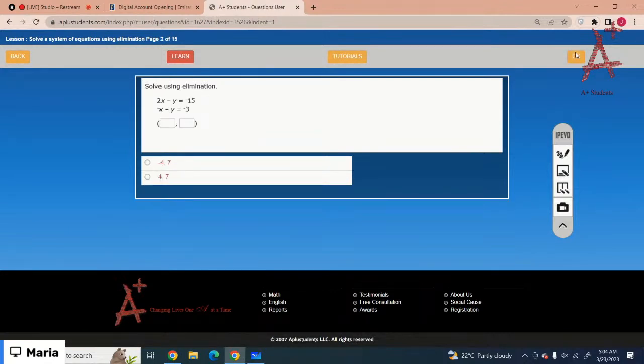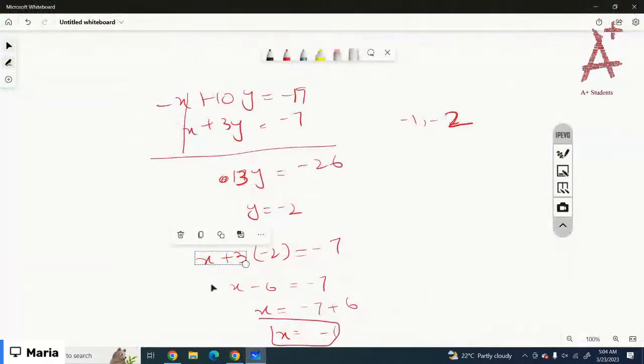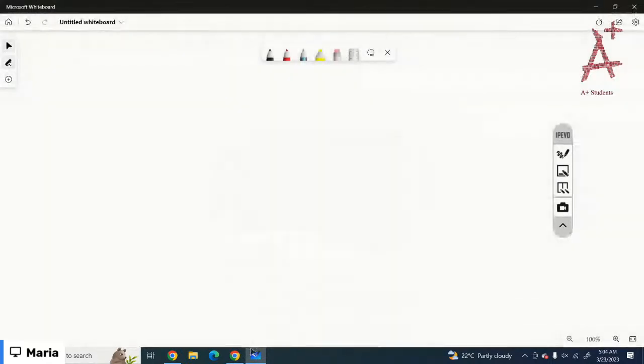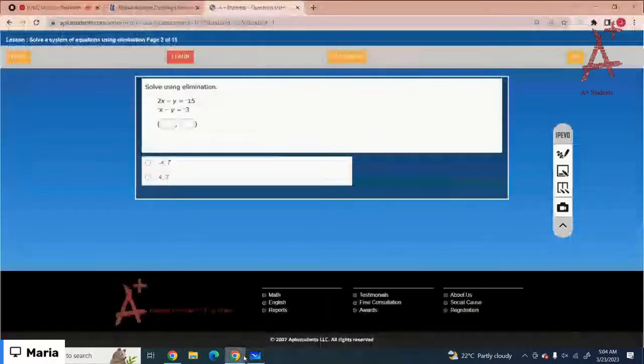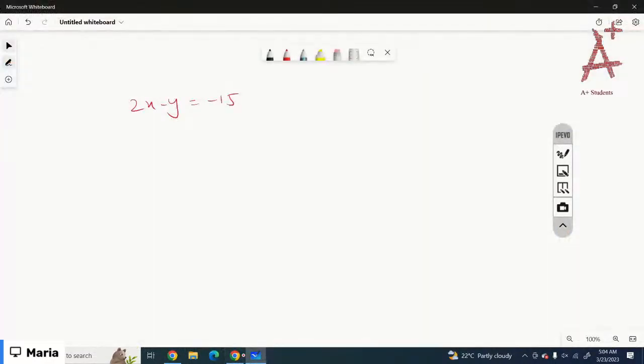Second option is the correct one. Okay, let's do another one. That is 2x minus y equals negative 15 and x minus y equals negative 3.